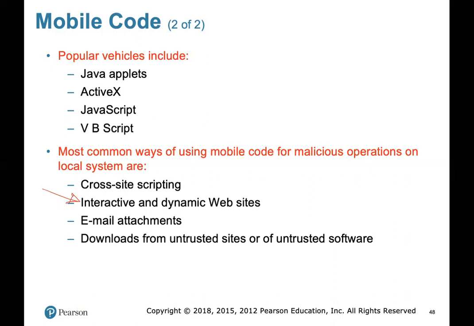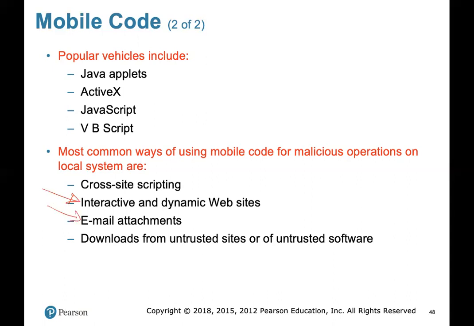There are websites that you need to interact with. You need to enter something, and the website reacts or responds with something. So these are interactive and dynamic websites. If I'm an attacker developing some infected mobile code, it would be much easier for me to inject that code into your system through a dynamic or interactive website.